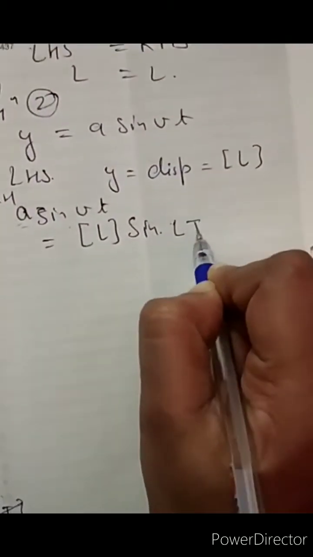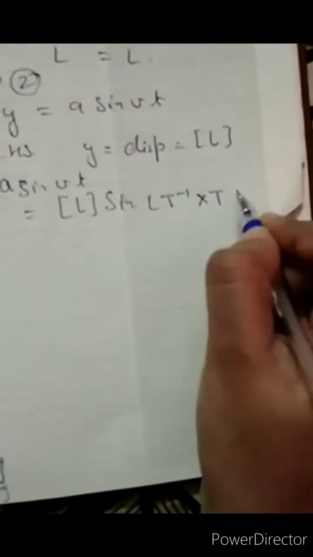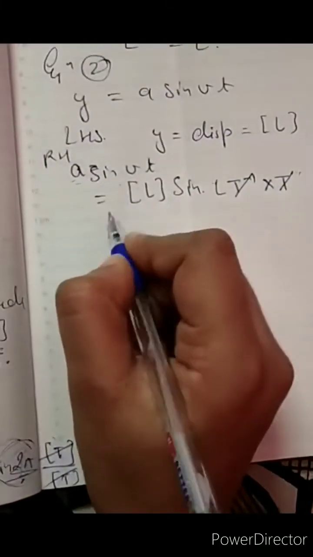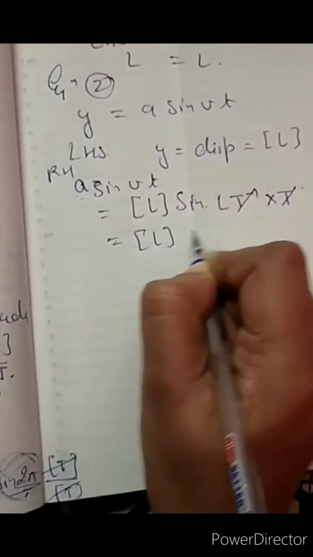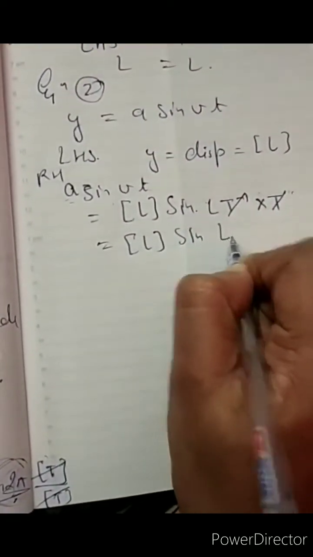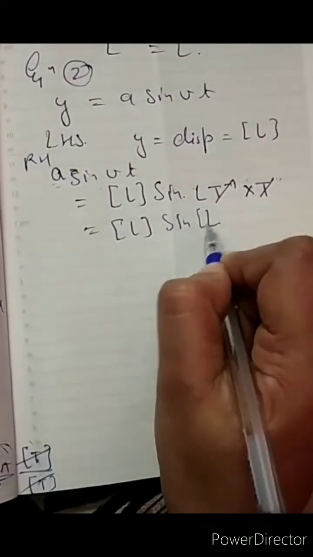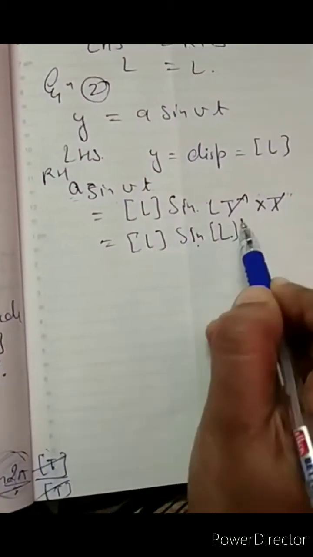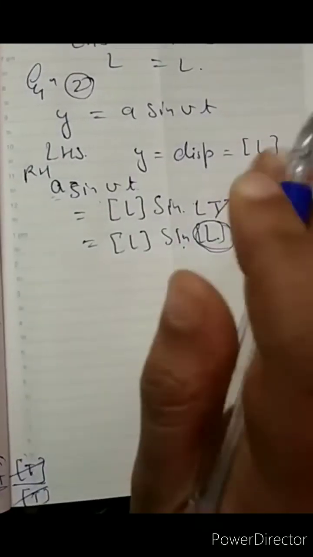So LT minus 1 dimensions into, this is again time. Any problem? T to T cancel, minus 1 and plus 1 is 0. It will give you 0. So what are you left with? You are left with sine L. L is the dimension. But I just told you this must be some angle, and angle doesn't have dimensions.